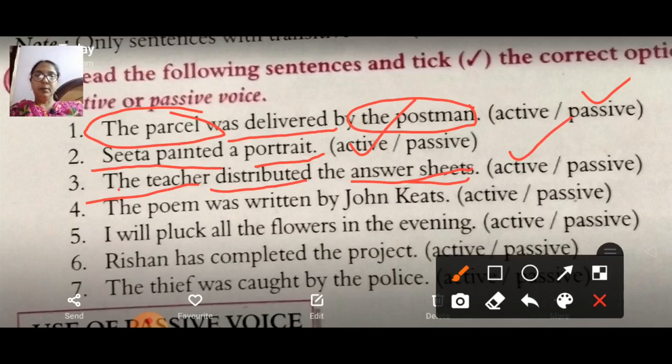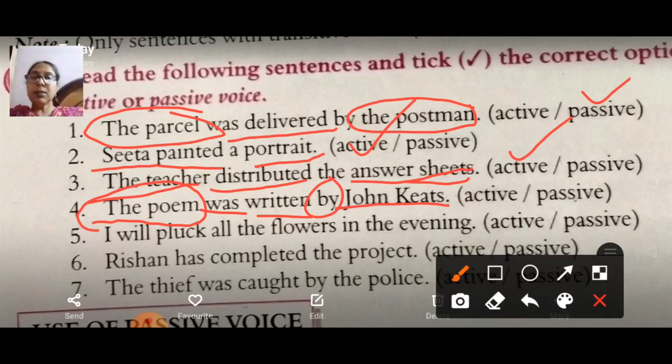Fourth number, the poem was written by John Keats. Here you can see the poem, an object; was, the auxiliary verb; written, the third form of the verb; by, the preposition; John Keats, the subject.